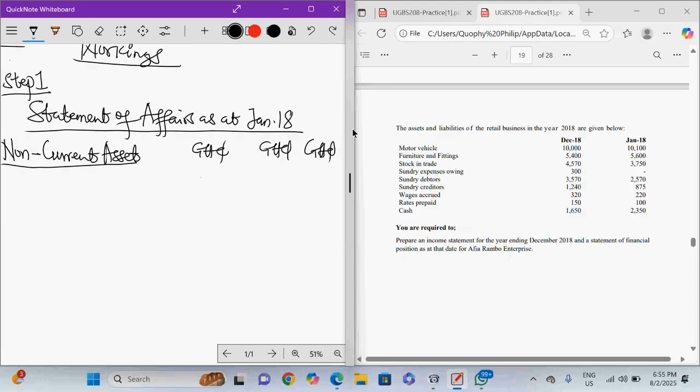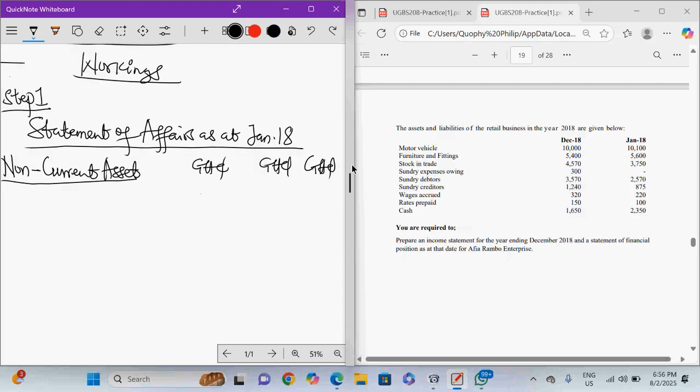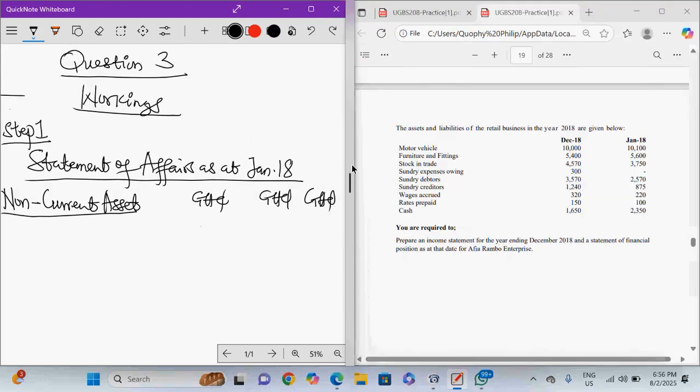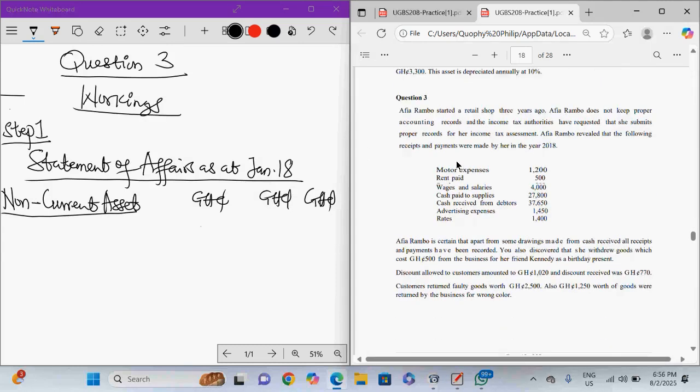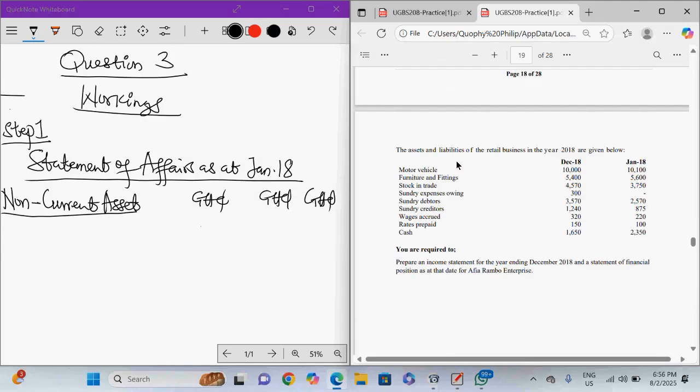You can see we have been given the assets and liabilities at the end, December 2018, and at the beginning, January 2018. So these are the assets and liabilities at the beginning, right?